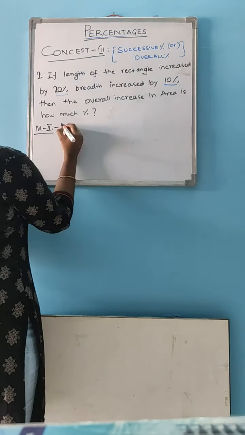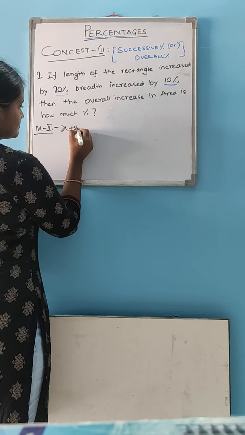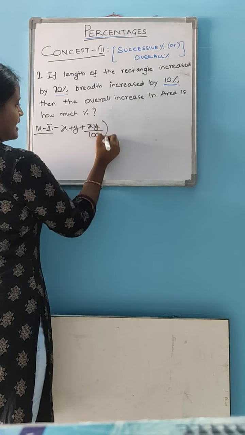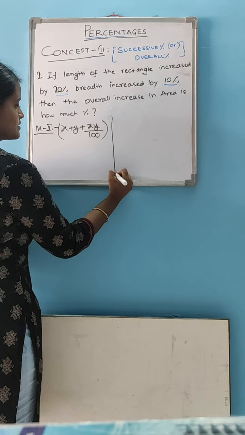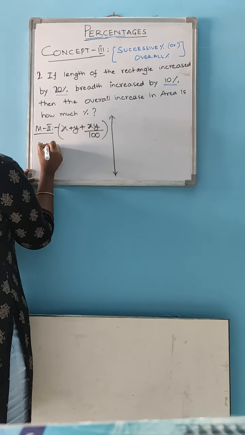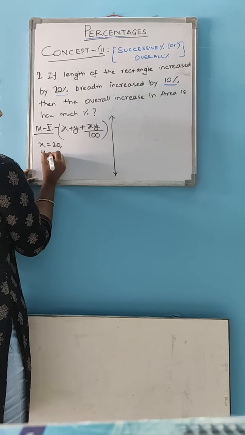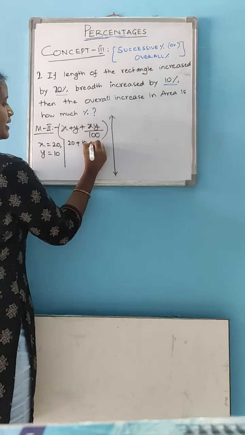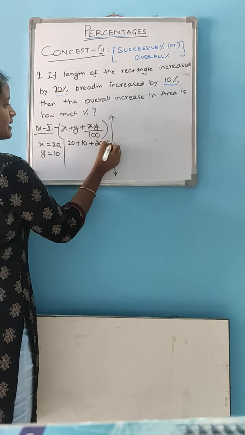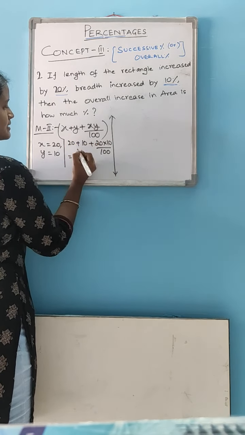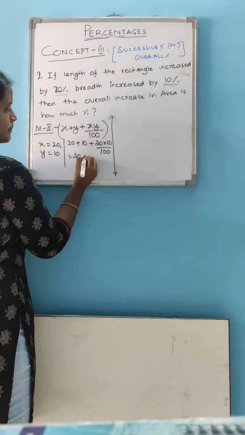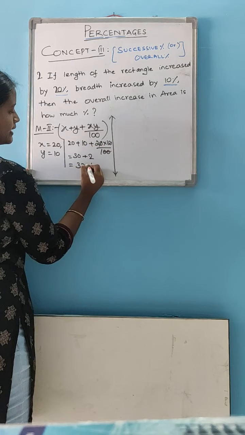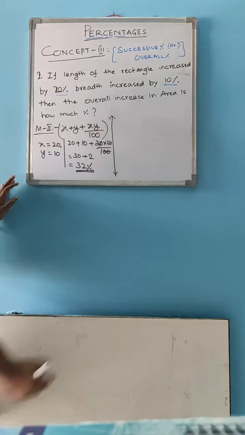The formula is x plus y plus xy by 100. So here x is 20, y is 10. Overall 20 plus 10 plus 20 into 10 by 100. That is 30 plus 2. That is, the overall increase in the area of the rectangle is 32%.